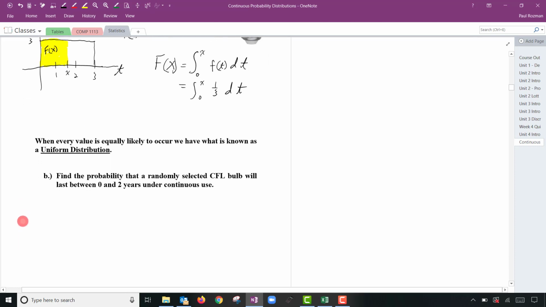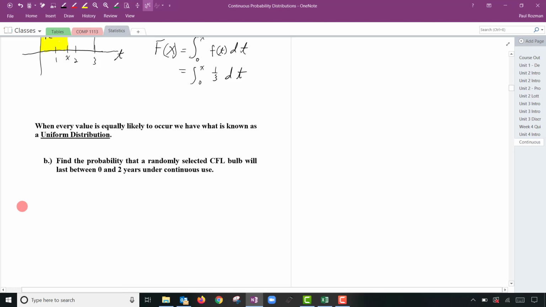So the question then is, what's the probability of randomly picking a light bulb that lasts up to 2 years? So we want the area under the curve up to 2 years. I think we can probably see that the answer there is going to be 2/3. It's this distance times that distance, so 2 times a third is 2/3.